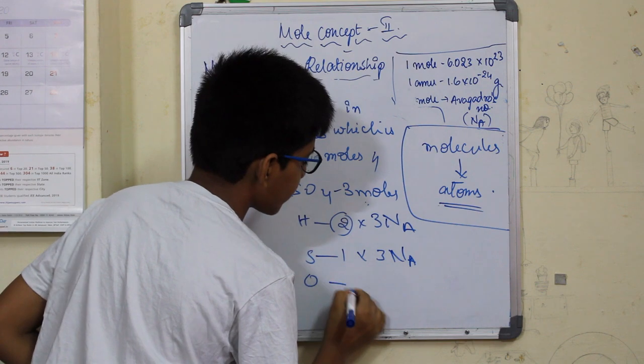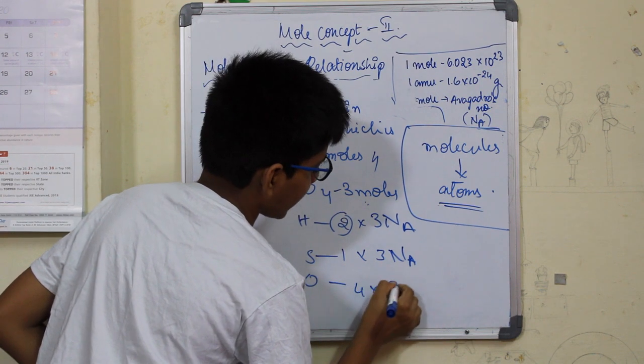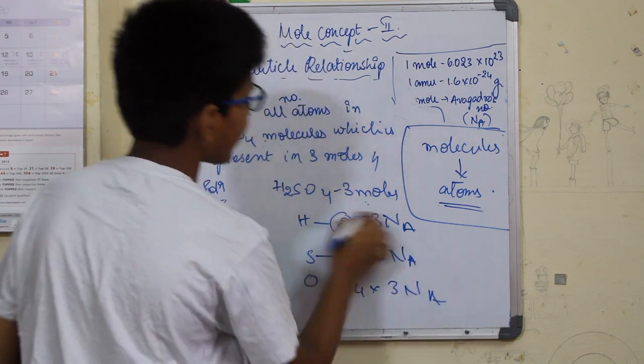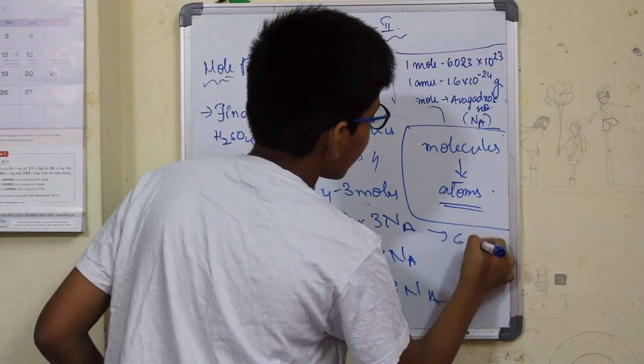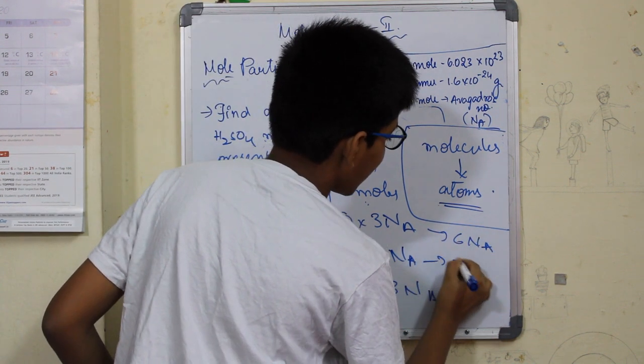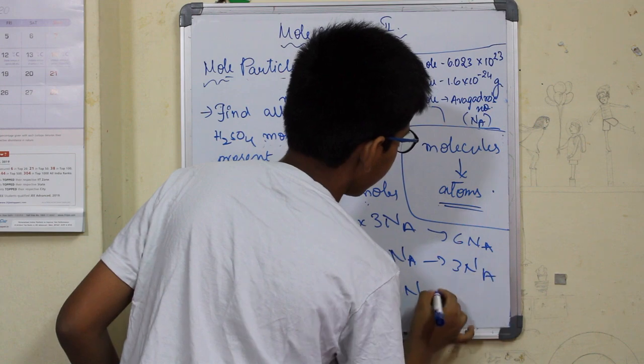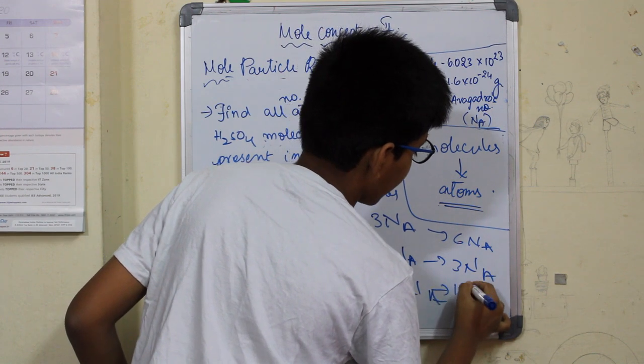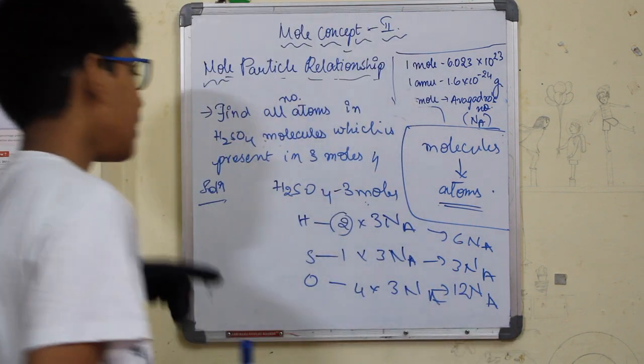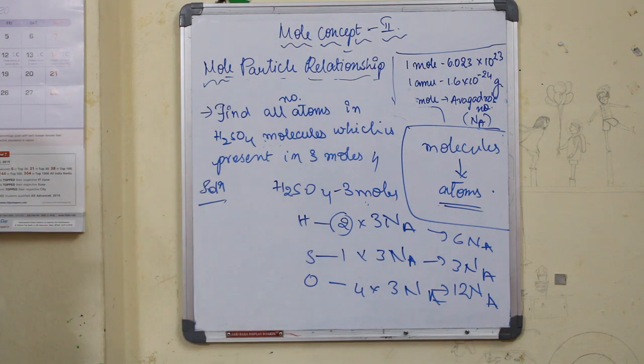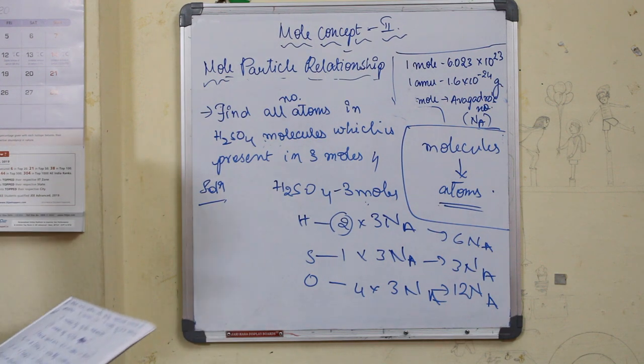And oxygen, 4 into 3 NA. Very simple, completed. This is 6 NA, this is 3 NA, and this is 12 NA. Very simple. This is how we find the atoms. Okay, so this is a very simple question.